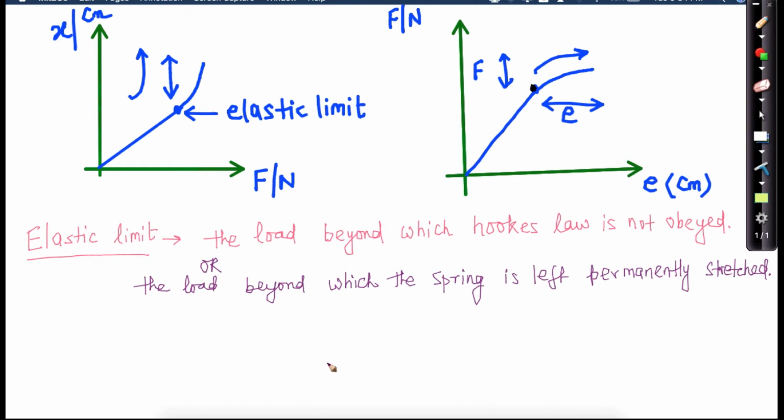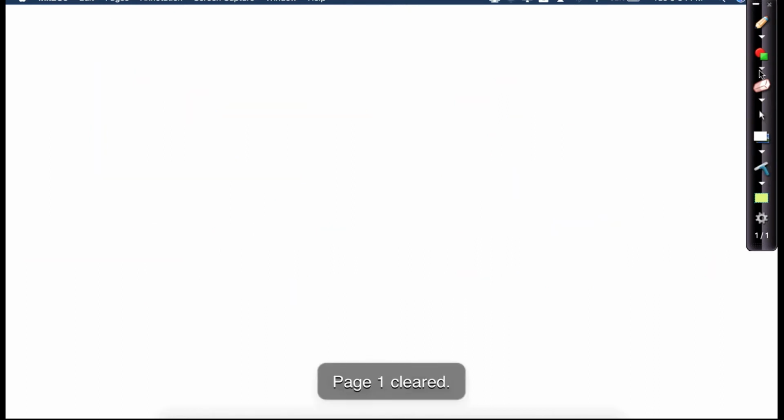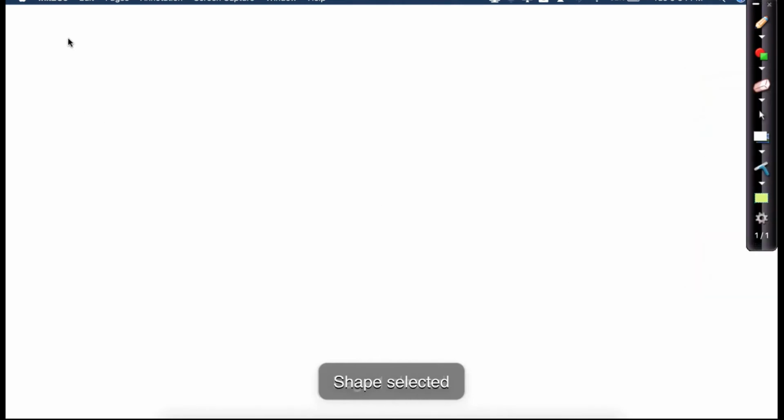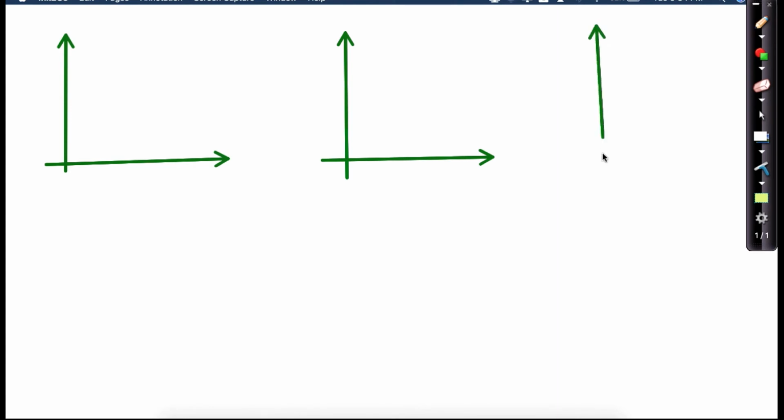Okay, coming to the next, some more important points about the graph. If the graph is like this, this is the first graph, next this is the second graph, and next this is the third graph.